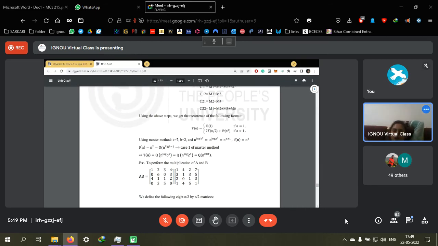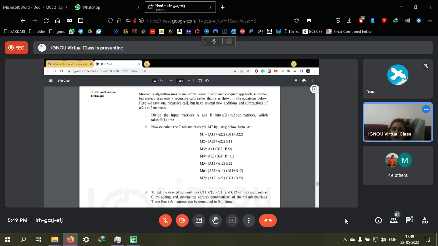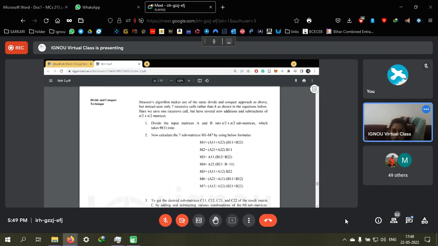So what you have to do is divide. This is the Strassen algorithm. You have to divide your matrices into 2 parts, and you have to calculate 7 sub-matrices.